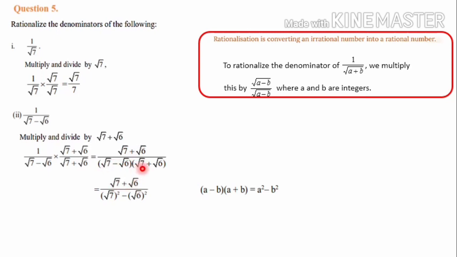In the denominator, a square is root 7 square, minus b square is root 6 square. Root 7 square is 7, minus root 6 square is 6. So 7 minus 6 is 1. That is equal to root 7 plus root 6 divided by 1.